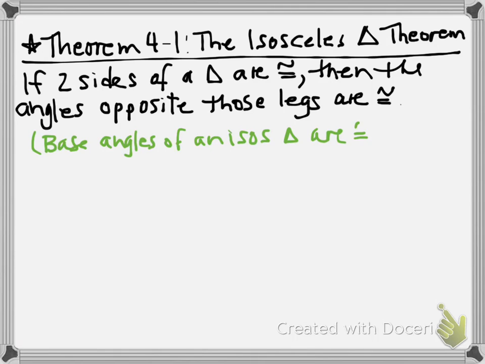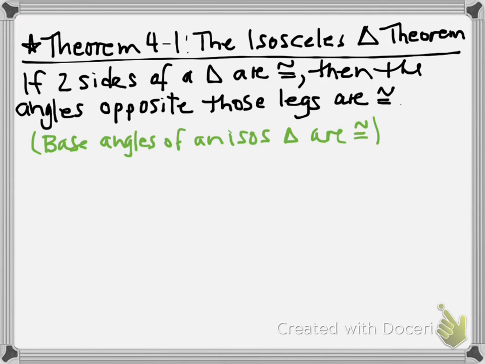Now, the reason why you cannot write this down on your card is because the theorem itself doesn't mention that you need to have an isosceles triangle. What I wrote down in green specifically states you have to have an isosceles triangle. So in your given, you don't need to be told you have an isosceles triangle. You could be given that you have a triangle that has two sides that are congruent.